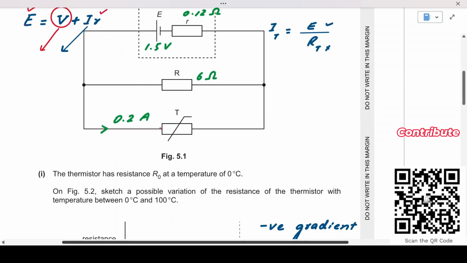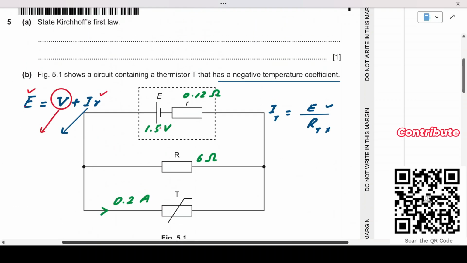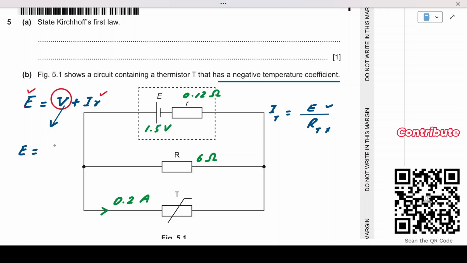The resistance R has resistance 6 ohms. Okay, this one has resistance 6 ohms. All right, we can make use of this thing. So the same expression can also be written as E equals capital V, which is also written as capital I, capital R, plus the other one as it is.